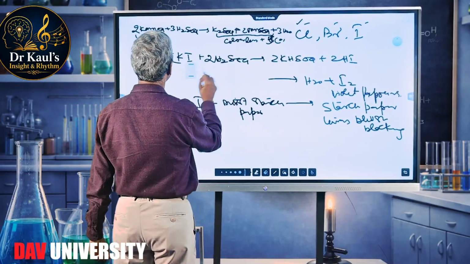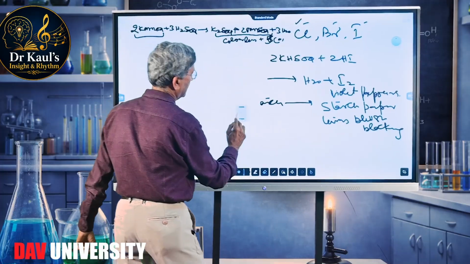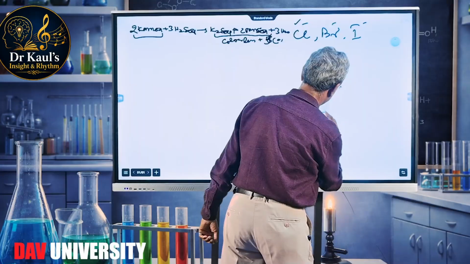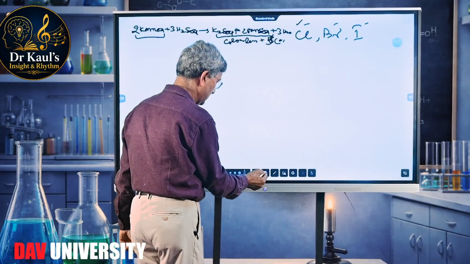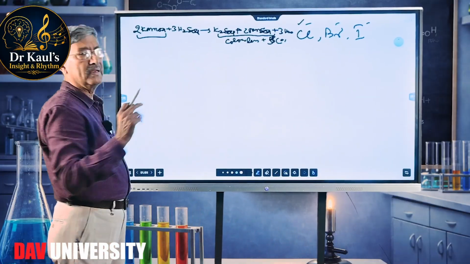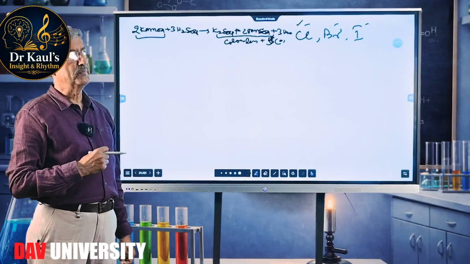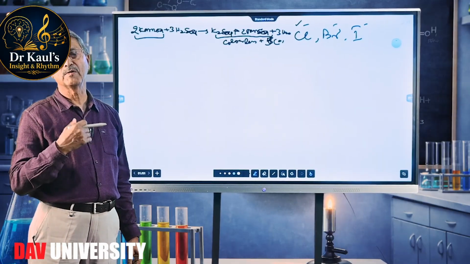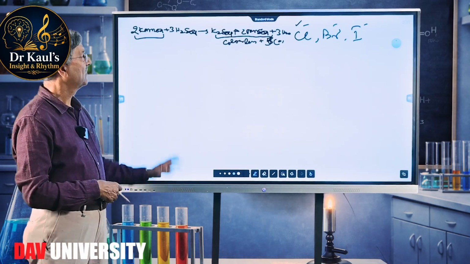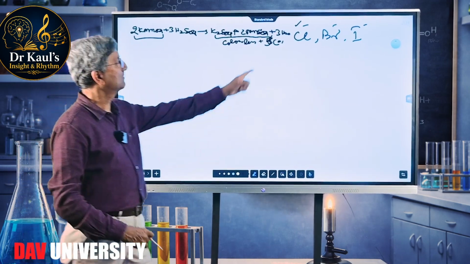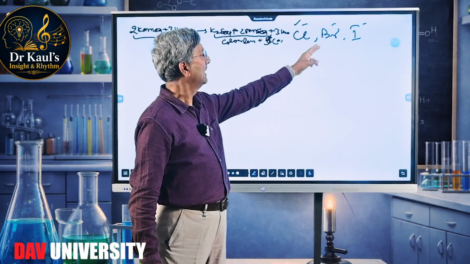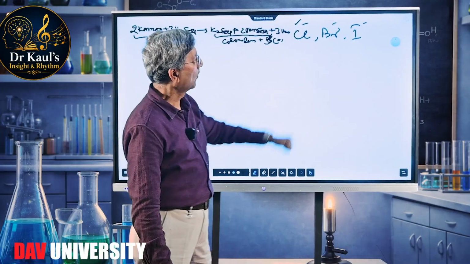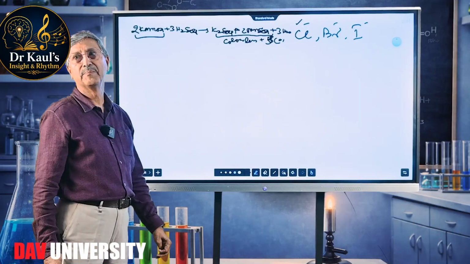Now next in the series comes oxalate. In the case of chloride, bromide and iodide, the color of the KMnO₄ solution was discharged with the evolution of a colored, pungent smelling gas: greenish yellow in the case of chlorine, reddish brown in the case of bromide, and violet vapors in the case of iodide.